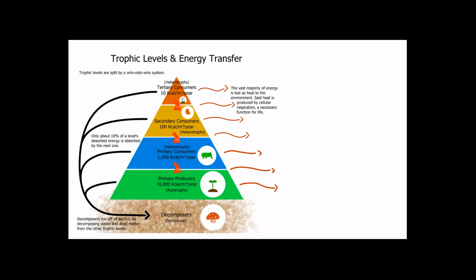At each level, the matter is broken down by decomposers. And decomposers live off detritus, decomposing waste and dead matter from the other trophic levels. So this represents a pyramid of energy.